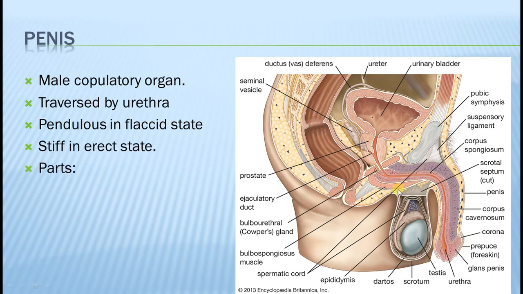The parts mainly consist of the root of the penis, then the body of the penis, and then the tip of the penis. The root is through which it is attached to the pelvic bone. The body of the penis is partly inside and partly hangs out, and then you have the tip where it ends.